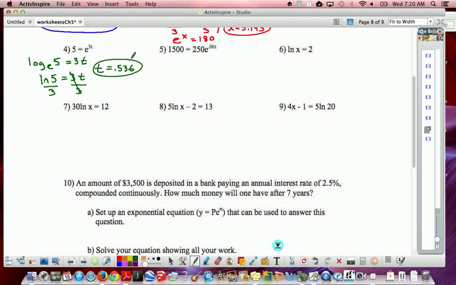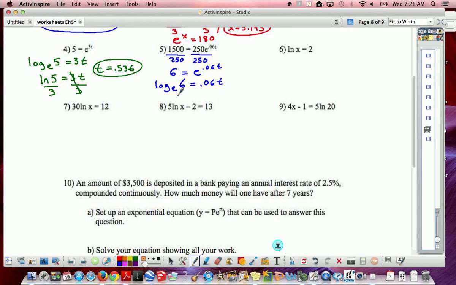Number 5 just has a few more algebra steps. So the first thing I want to do is divide both sides by 250. So 250 goes into 1500 6 times. So now I have 6 equals e to the 0.06t power. So if you write this in log form, log base e of 6 equals 0.06t. Isolates the exponent.